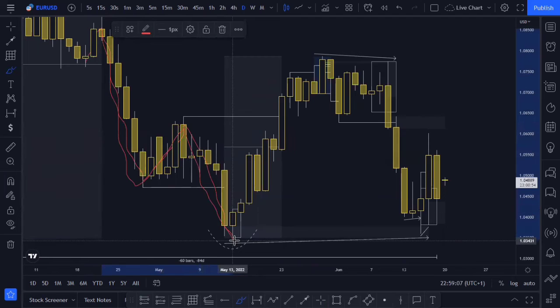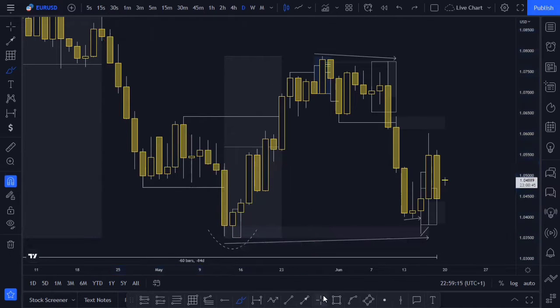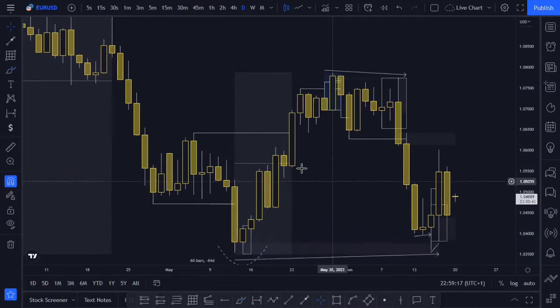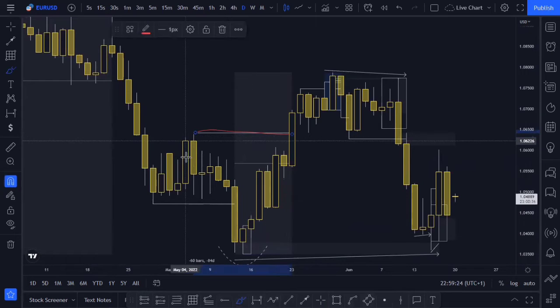We have another push again, and then maybe price pulls back and continues the bearish structure. But that doesn't happen here, as we see a break of structure, price broke above this high. So now we have a break in the bearish market structure.